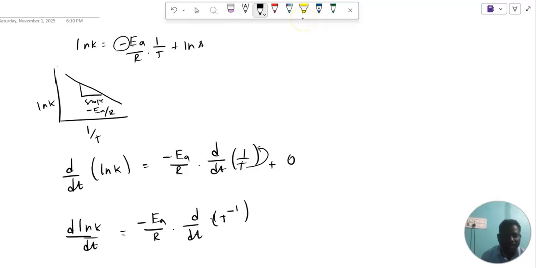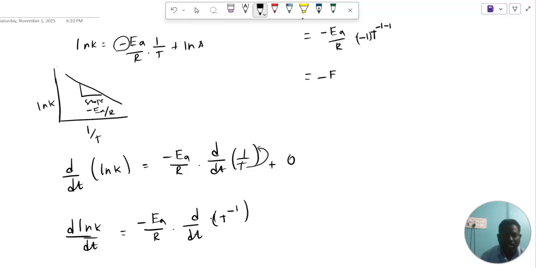So I'm simplifying on the right side alone now. Minus EA by R. If you differentiate this, we have t to the power minus 1 and again minus 1. This minus 1 will come into here. So if you differentiate like this, it will come like this.